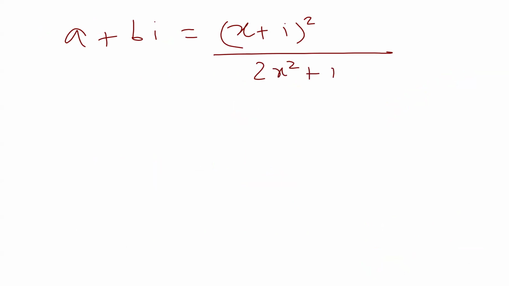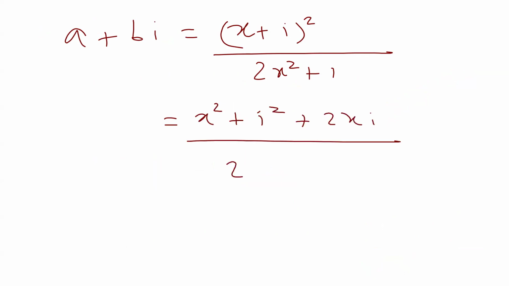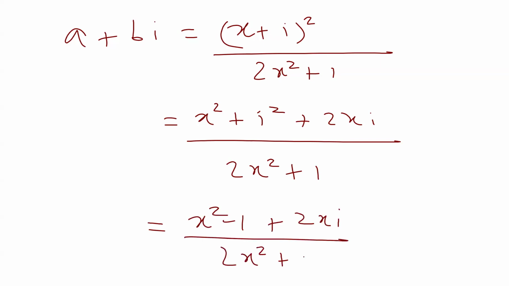Now see, right hand side I'm simplifying: x square plus i square plus 2xi upon 2x square plus 1. So this is x square minus 1 plus 2xi upon 2x square plus 1. This is a plus bi. Now I'll take modulus on both the sides.